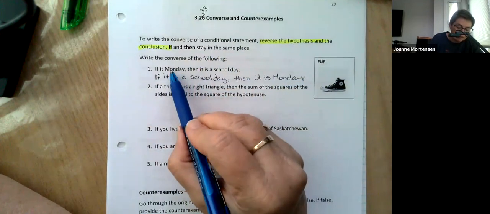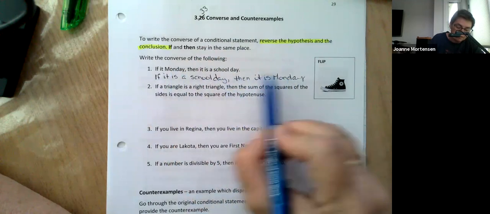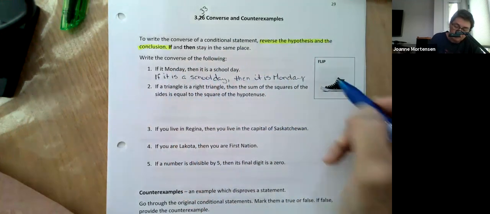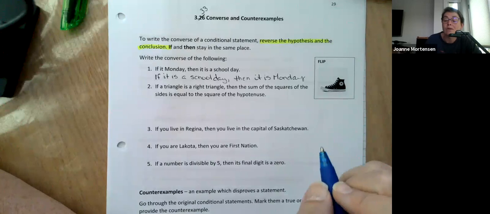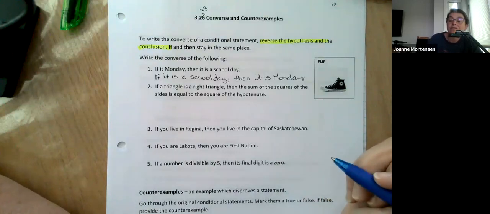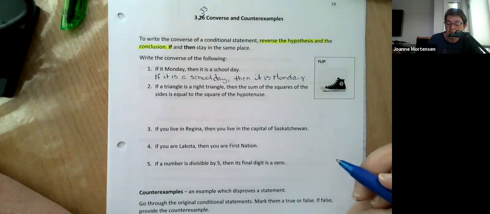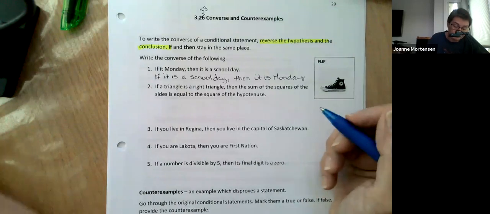All we're doing is taking this and flip. So it's a flip, just like if you had the cool Converse shoes. Okay, I know some of you call them like Chuck Taylors or trainers or something like that. In my world, they were Converse.